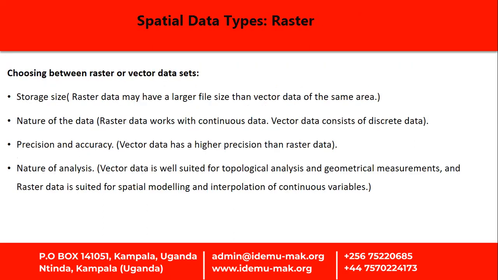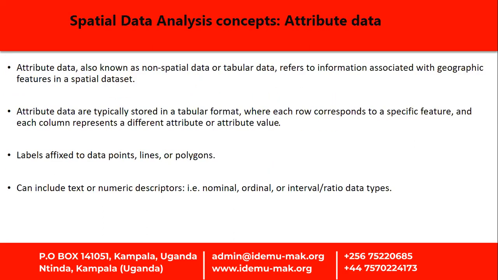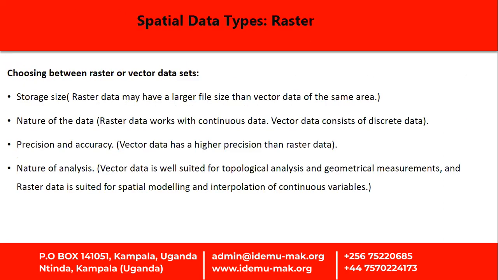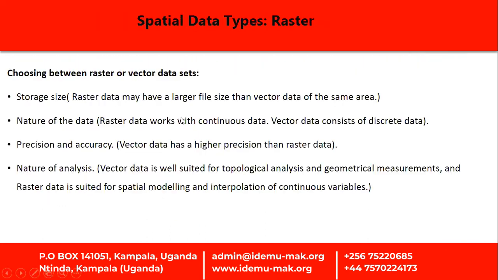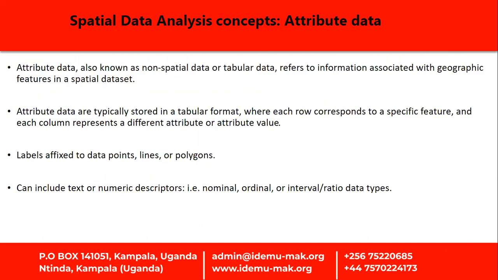And then we have something called attribute data. This is not a spatial data type, but it is used when we are analyzing spatial data. Attribute data gives us an explanation of any spatial data. For example, in this figure, we can have attribute data that explains every single point that you pick.